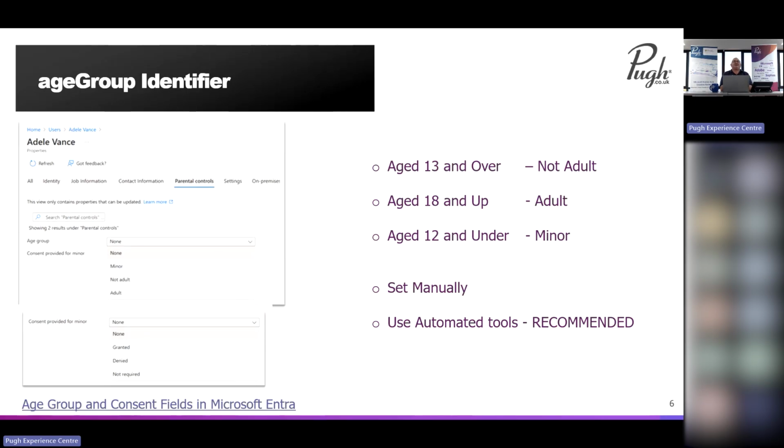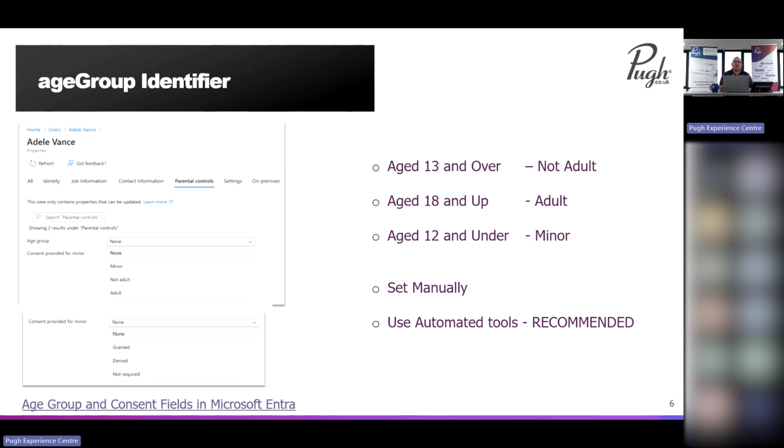this task isn't a one-off task. If you want to be precise, you'd want to do it off the date of birth. That's one of the questions that's come up there. And you can use things like school data sync then to trigger these off. Or you could use PowerShell scripts to do this.